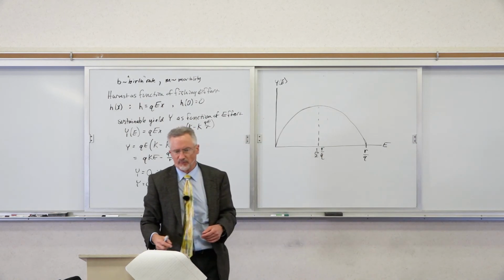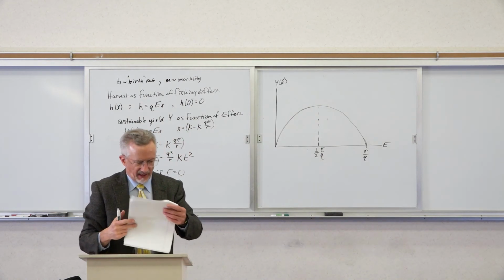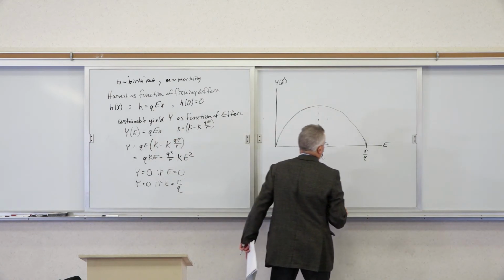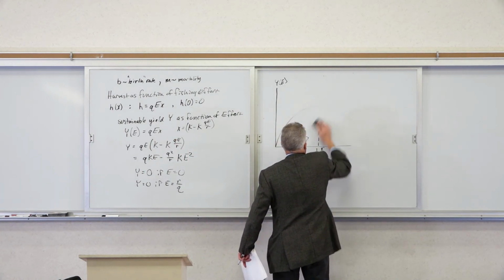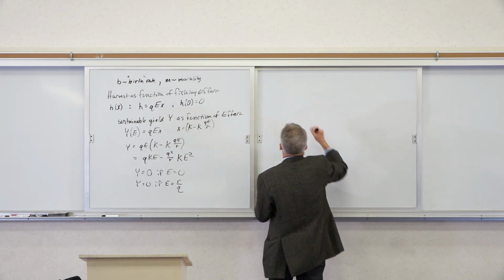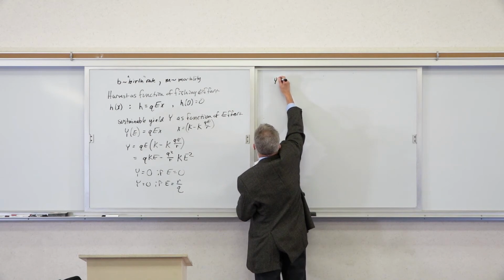I should have left myself more space for this. How are we going to interpret this thing? I'm sorry, but I'm going to just redraw this because I want to have both of them up at once. And so let's do it this way.